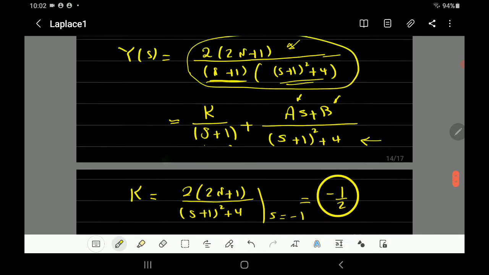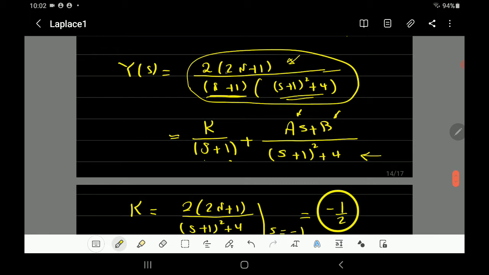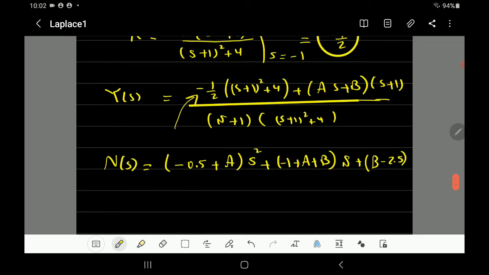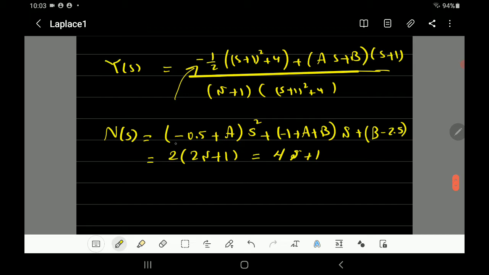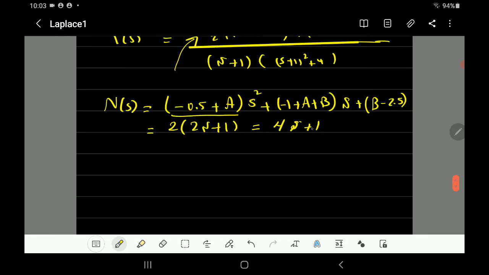The original numerator we have is 2 times (2s plus 1), so it should be equal to 4s plus 2. All right, you compare. You'll find the coefficient of s squared is equal to 0 because you don't have s squared in the original expression. So write minus 0.5 plus a is equal to 0. And from this equation, you get the value of a is equal to 0.5.